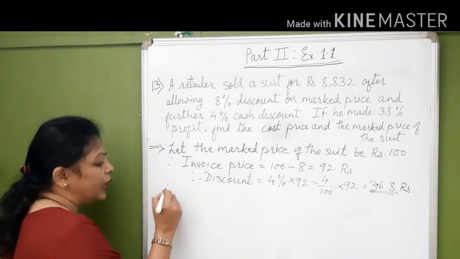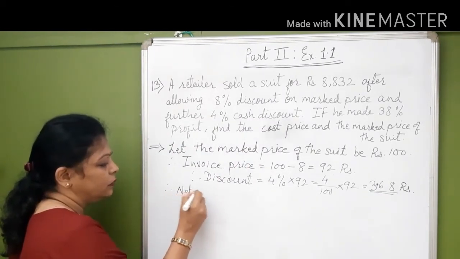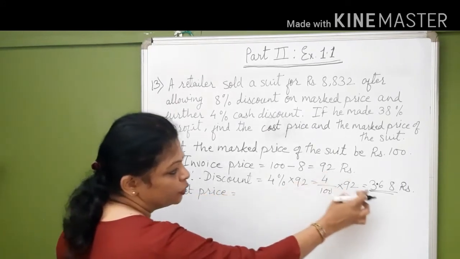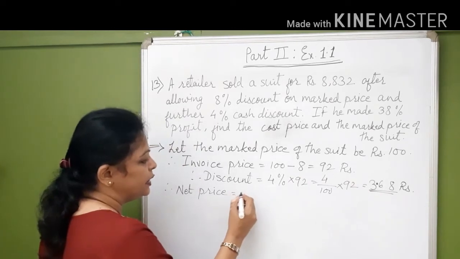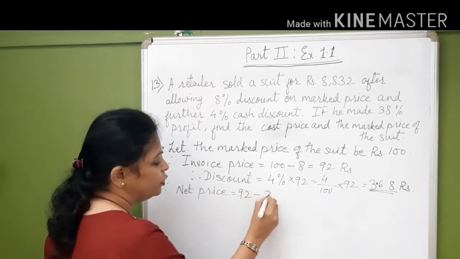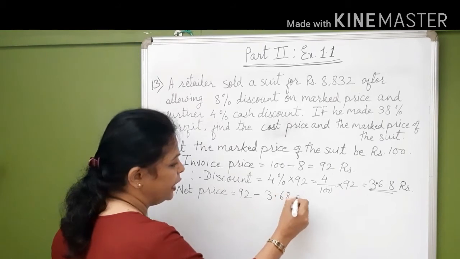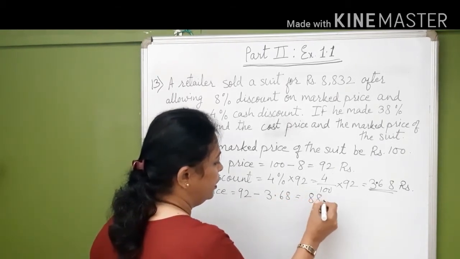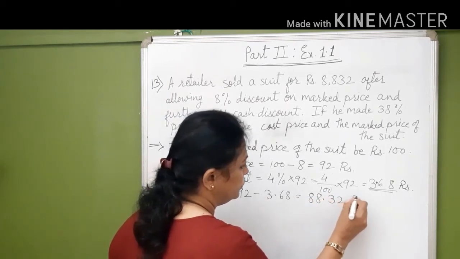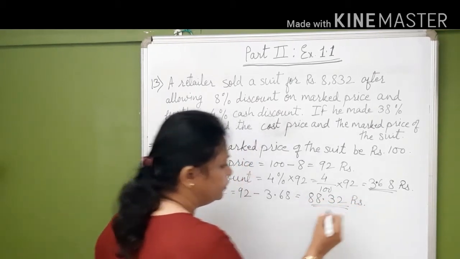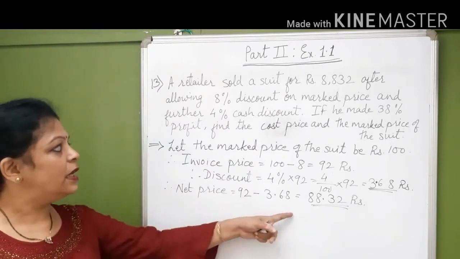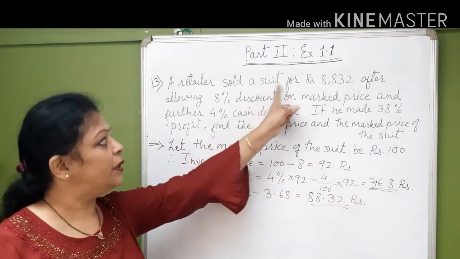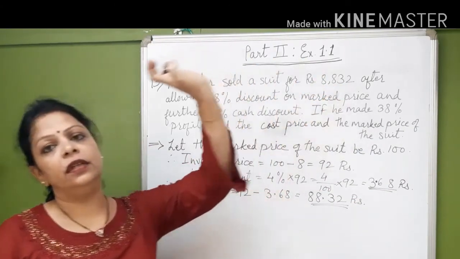So we will get the net price will be, from 92 you will subtract 3.68. So 92 minus 3.68, that will come to 88.32. Now this is the net price when the mark price was 100. So we have to find how much for the 8,832.